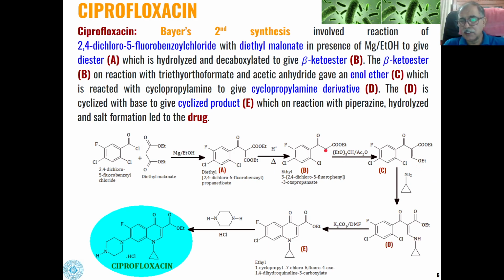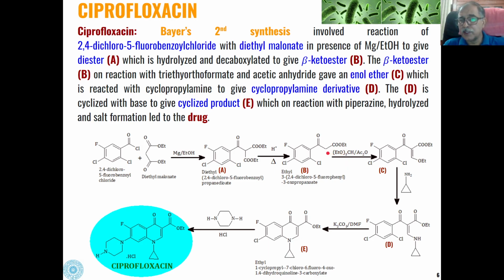So basically the hydrogens present on this carbon are very acidic hydrogens due to the presence of this keto group and this carbonyl group. So this will generate a carbanion over here, and that carbanion will attack this carbon of the triethyl orthoformate.